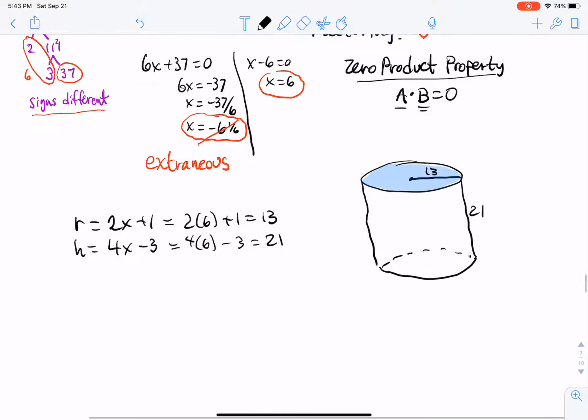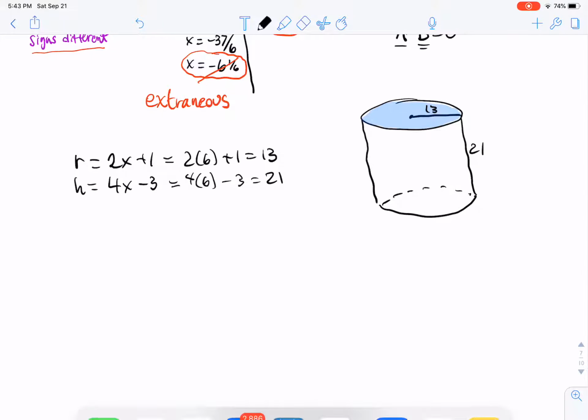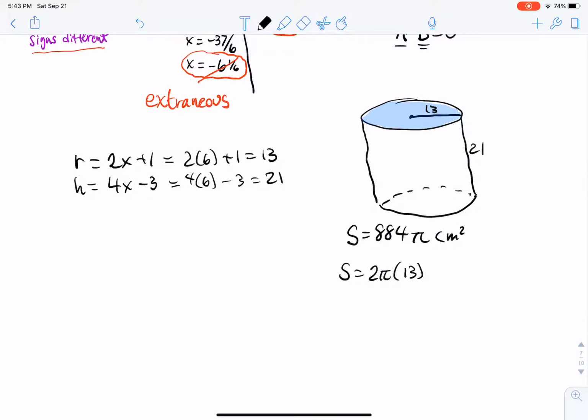So if we put all of this stuff together, remember that the surface area was supposed to be 884 pi centimeters squared. If we plug our 13 and our 21 into our formula, we would get 2 pi times our radius, which is 13, times our height, 21, plus 2 pi times the radius squared for the two bases.